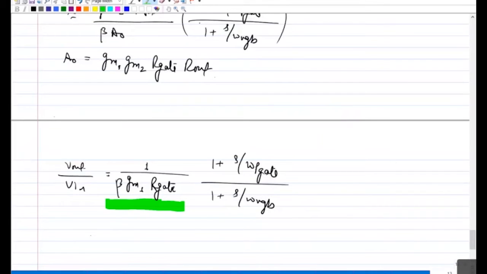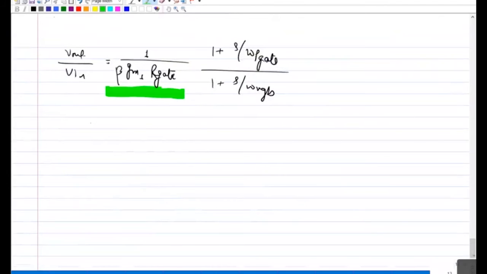So now let's look at your AC response, the Bode plot. So where will it start from? What will be the DC gain?